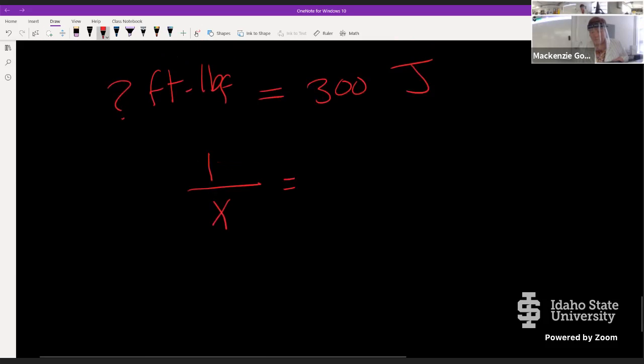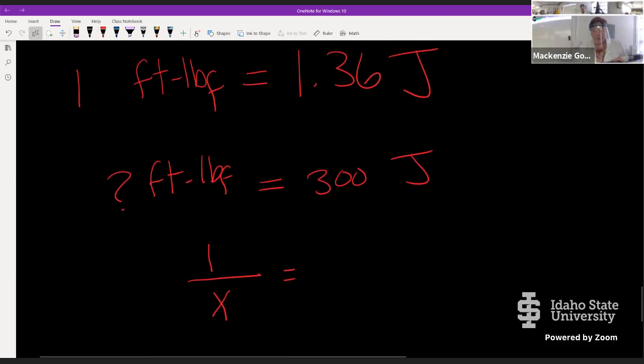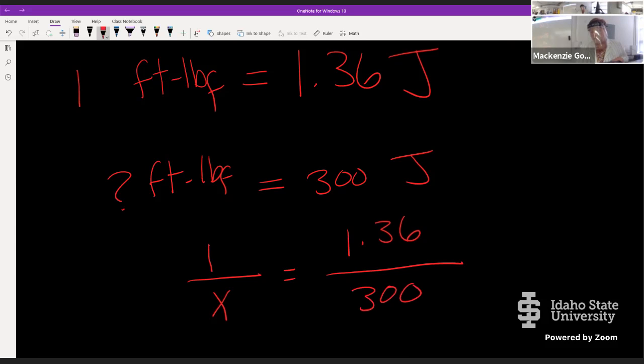So we know that 1 foot-pound equals 1.36 joules, and then we know we have 300 joules. So that unknown is going to be essentially the same as going from that 1 to here, and this is the 1.36 up to the 300. So we're solving for this that we don't know.